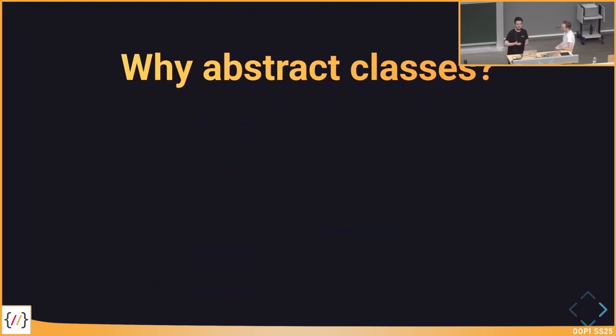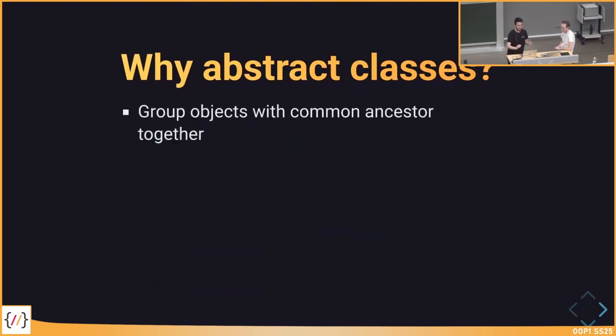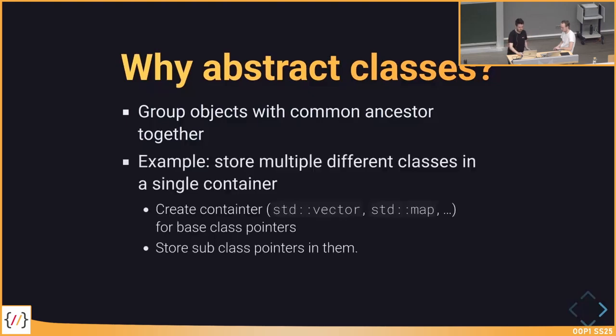So why even do abstract classes if you can't create them? You most commonly use them to group objects together that share an ancestor at some point. So maybe a parent class or a grandparent class is this abstract class, and you want to group them all together somehow.